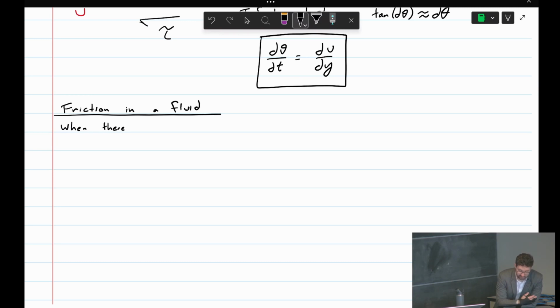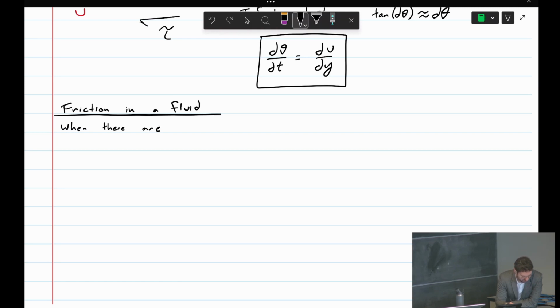So when there is relative motion between parcels, which now there will be because our fluid is moving, when there's relative motion between parcels in a fluid, they pull on each other with a frictional force. And that's basically what viscosity is. It's how the parcels pull on each other. So you can think of that's what's happening at an infinitesimal scale in the fluid.